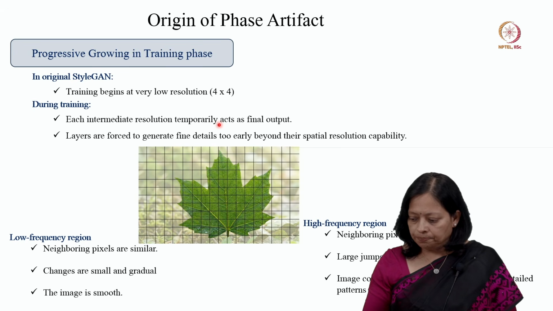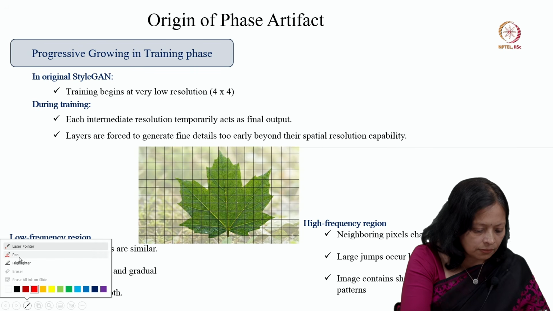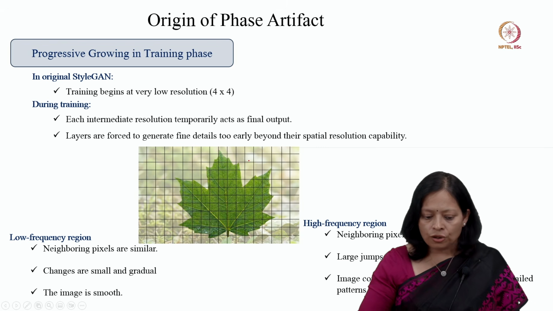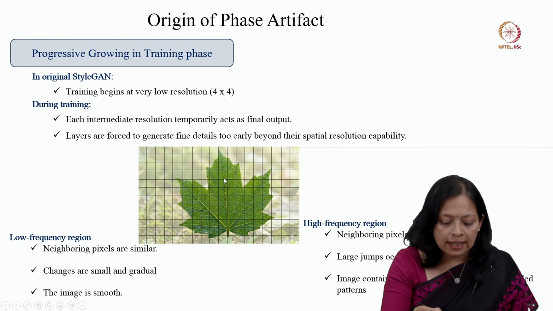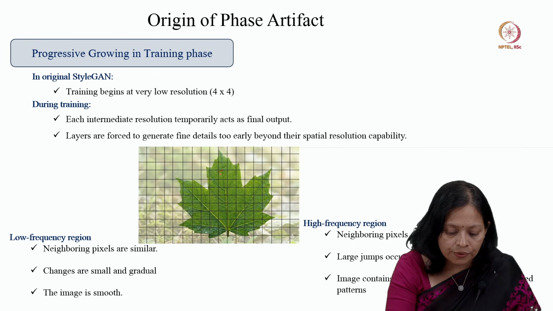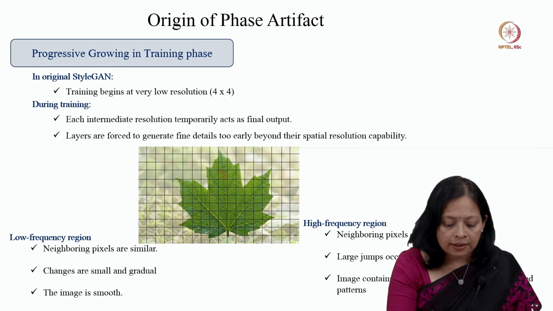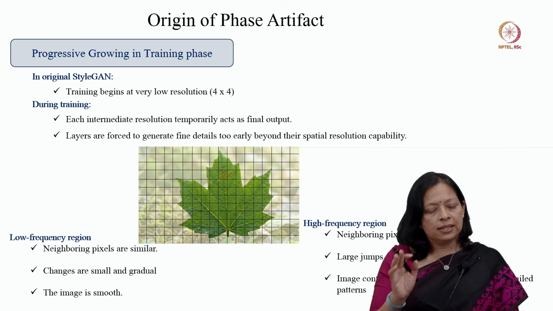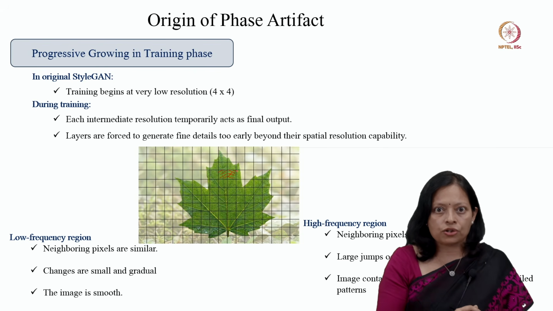Now, here is an image of a leaf. If we see the center, suppose I take this pixel at the center, the adjacent pixel also has a similar color. So, the value change from this pixel to this pixel is not much.